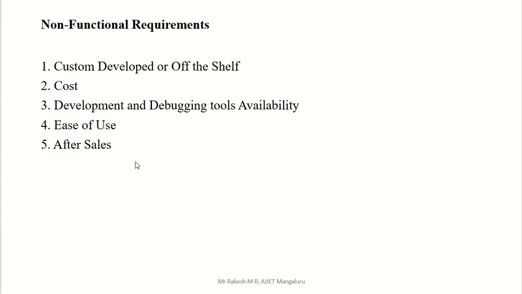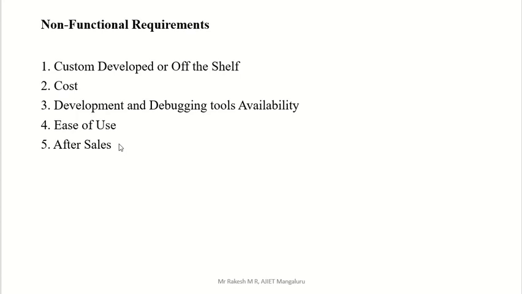And the last one is after sales. After sales means how much service is given by the manufacturer, either through email, updates, or phone contacts, how much service they will give for your particular real-time operating system after sale.